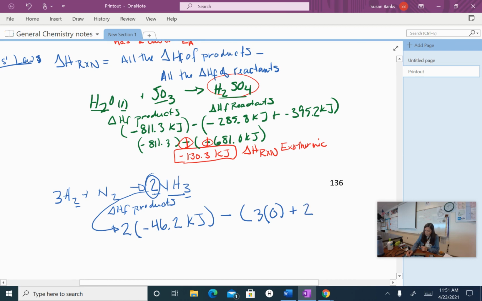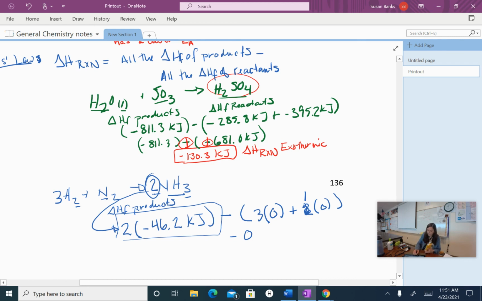And I have 1 nitrogen, but it also is a pure element. So that heat of formation is also going to be 0. So 3 times 0 is 0, and 1 times 0 is 0. So I basically am subtracting 0. So my problem here is I just need to multiply 2 times negative 46.2, right?